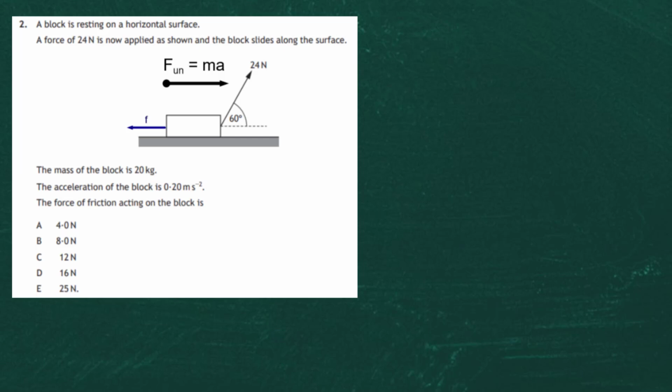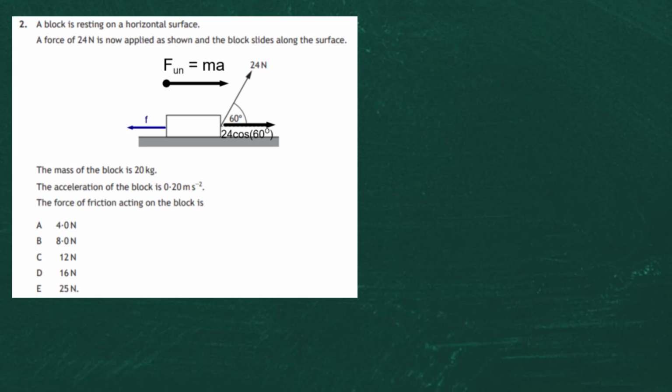The other thing we have to do is look at the 24 newton force, and it's at an angle of 60 degrees to the horizontal. So we have to resolve the horizontal component of that force, and to do that it would be 24 times cos of 60.